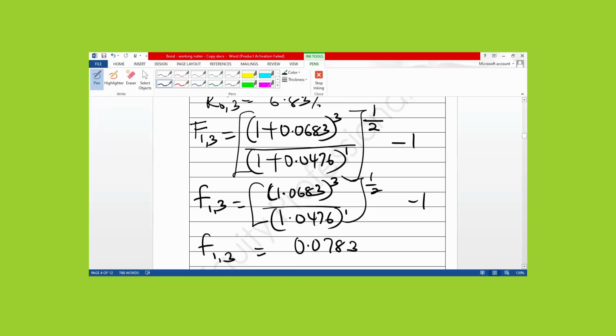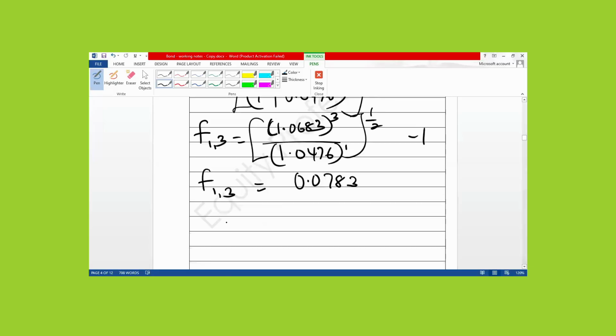That is the forward rate, 2 years forward rate at the end of year 1. Apply your calculator and reconfirm this answer. Taking it to percentage, it becomes 7.83%. That is 2 years forward rate, commencing at the end of year 1.